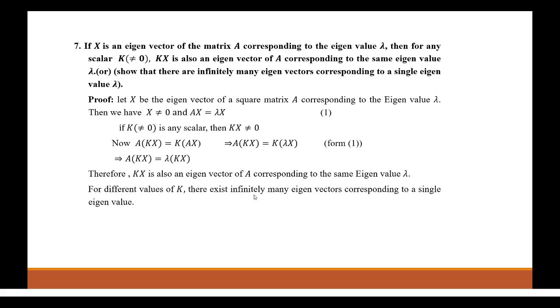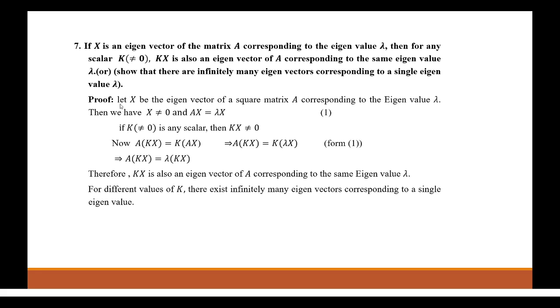Next we move on to the seventh property. Here, if x is an eigenvector of a matrix A corresponding to the eigenvalue lambda, then for any scalar k not equal to 0, kx is also an eigenvector of A corresponding to the same eigenvalue lambda.